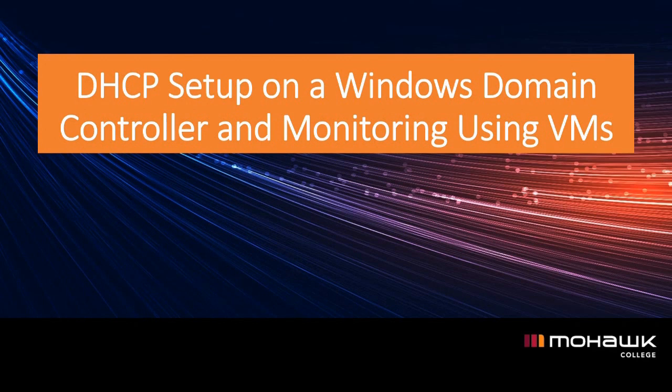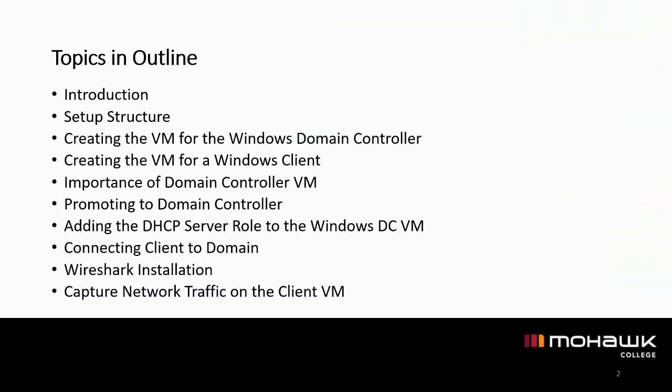I want to talk about DHCP setup on a Windows domain controller and monitoring using virtual machines. Topics in the outline contain introduction, that is about the system's performance and benefits.